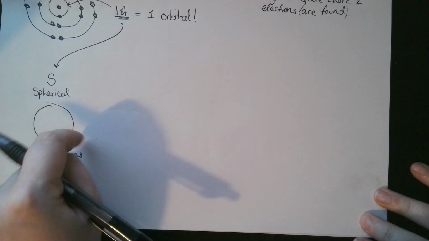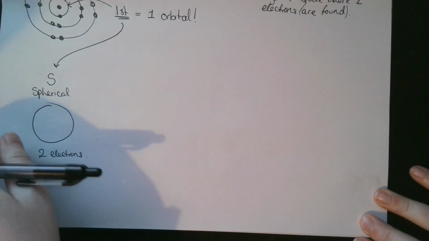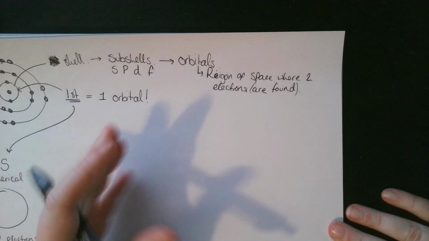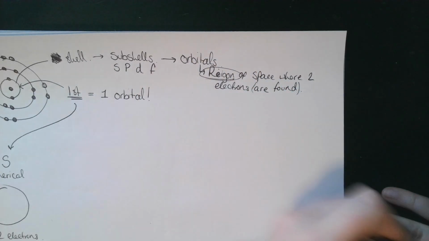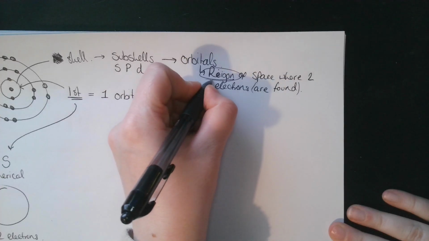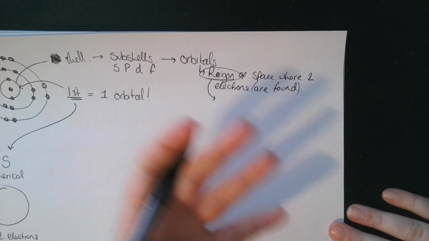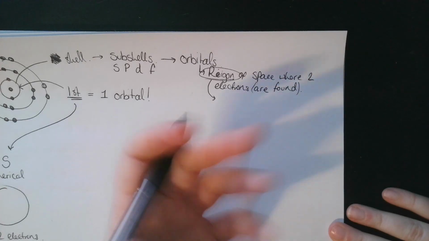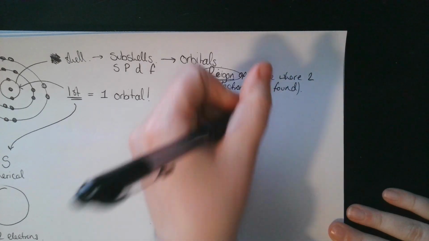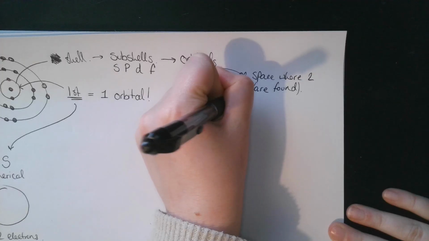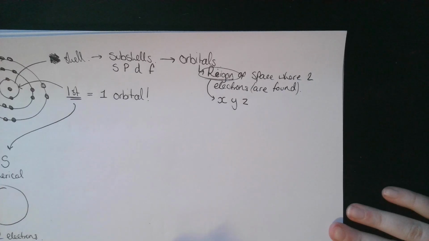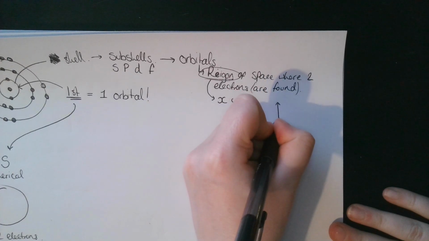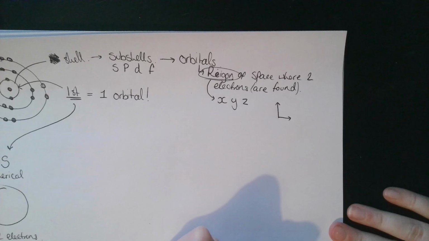Now, within this, we also have to consider, we're thinking 3D, aren't we? We're talking about regions. If we're talking about 3D and we're talking about regions, we need some sort of axis. Well, you may remember X, Y, and Z. On a graph, typically you have Y and the X axis.